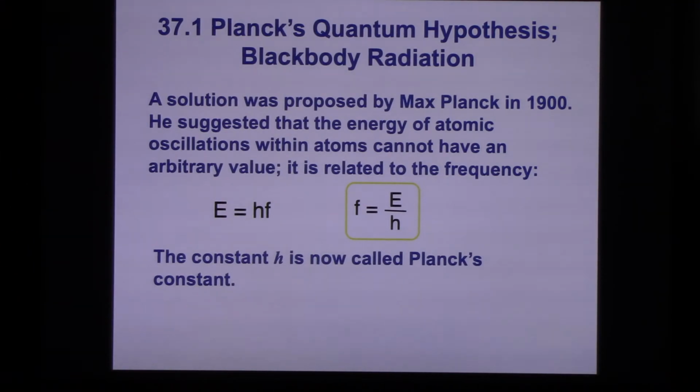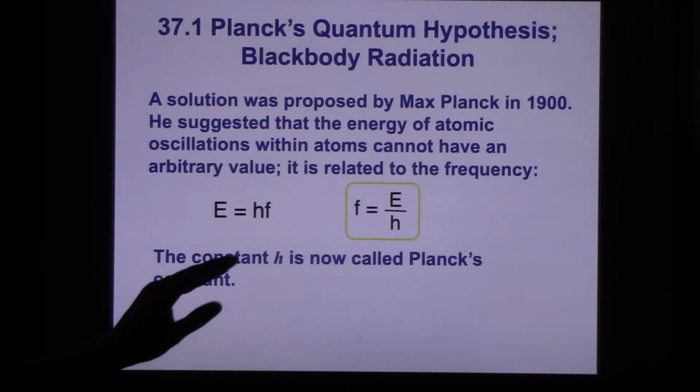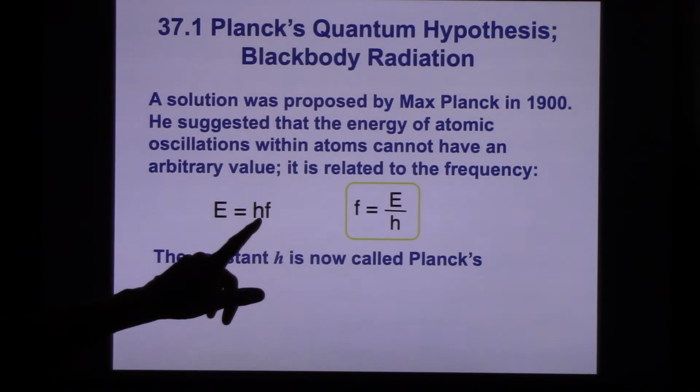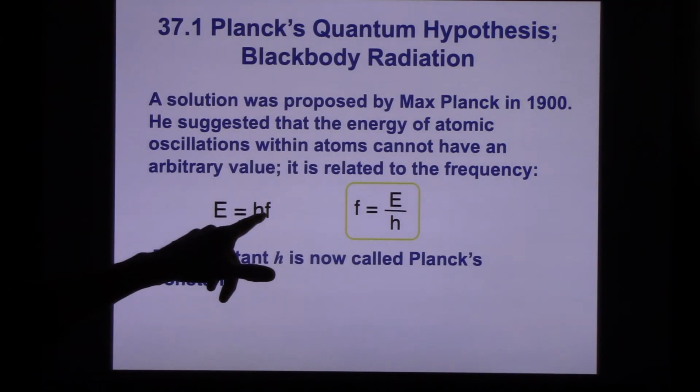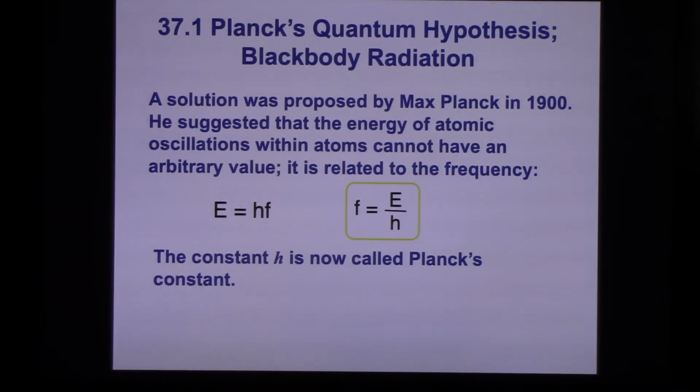Now, let's think about what this means. It says that if you had short wavelength light, say the blue end of the spectrum, that would be high frequency, that would be higher energy. So the argument from Planck was, it's harder and harder to produce ultraviolet light because it requires more energy.